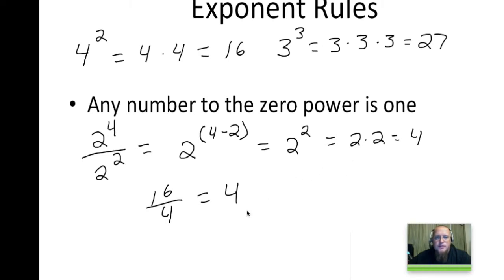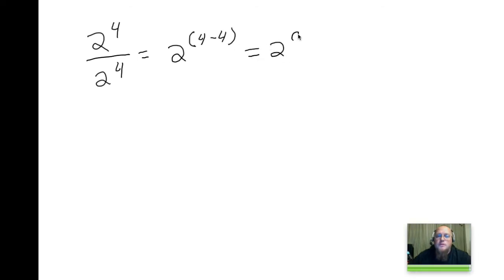So we're ready to start going to the point where we talk about the number to the 0 power. In this situation, we're going to say 2 to the fourth power over 2 to the fourth power, which will then equal 2 to the 4 minus 4, which gets you 2 to the 0 power.